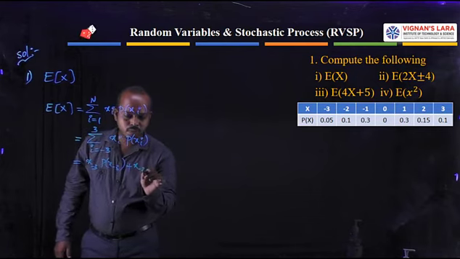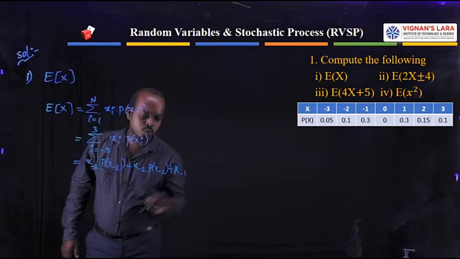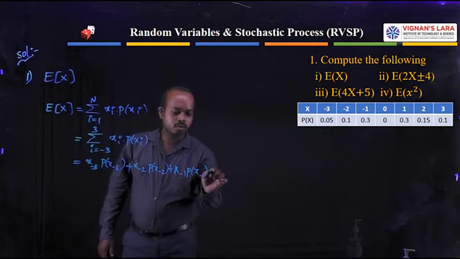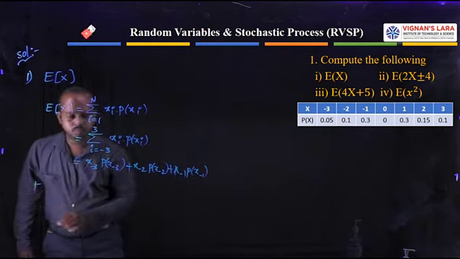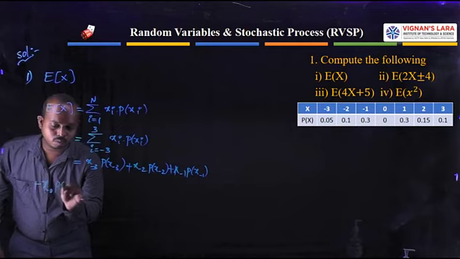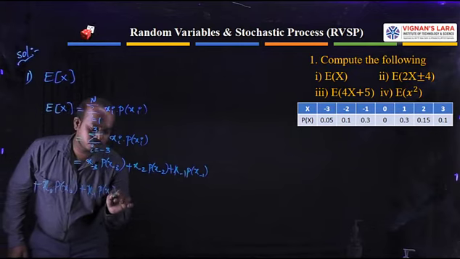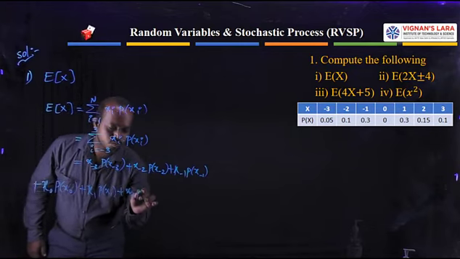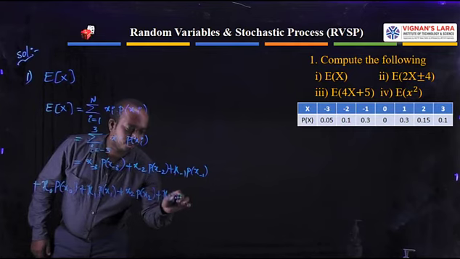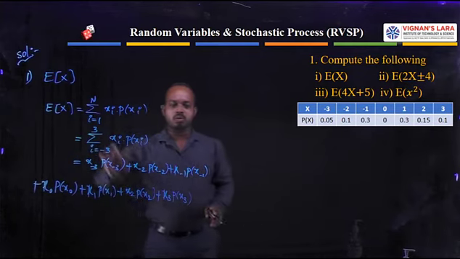And next one is x of minus 2, probability of x of minus 2, plus x of minus 1, probability of x of minus 1, plus next you can take the quantity at 0, x of 0, probability x of 0, plus x of 1, probability of x of 1, plus x of 2, probability x of 2, plus x of 3, probability x of 3. I am just expanding the equation based on the ranging values.